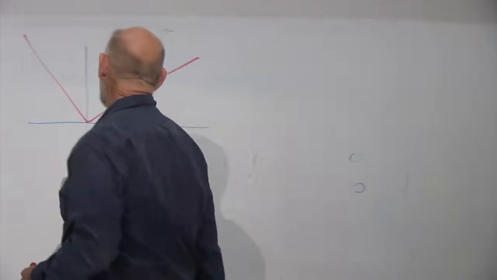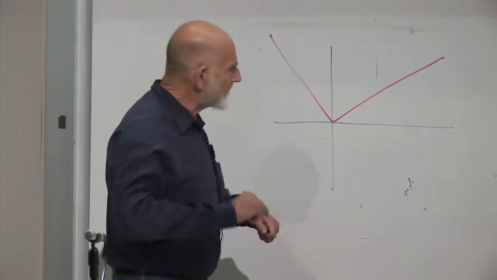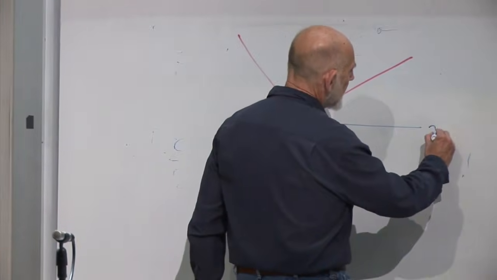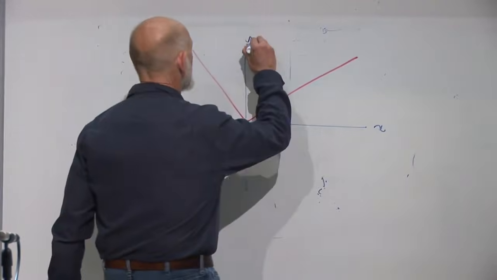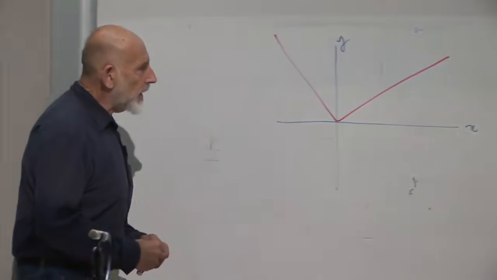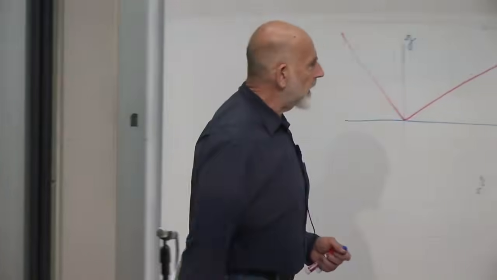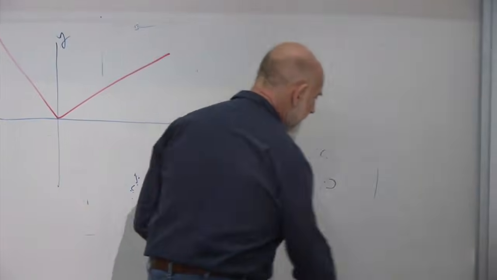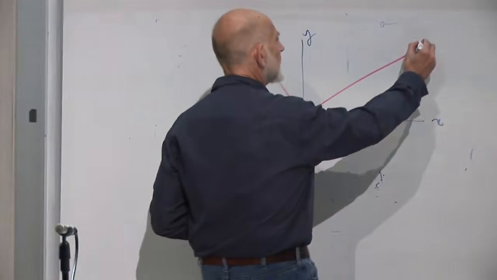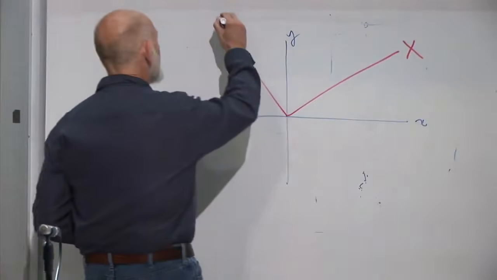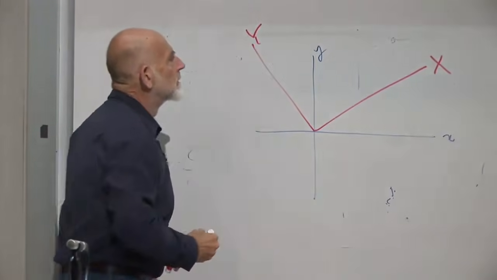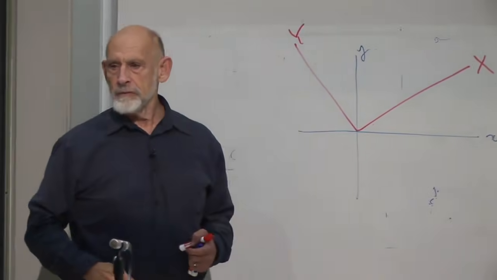Okay. The blue coordinate system is described by little x and little y. The red coordinate system is described by big X and big Y. Can I prove that? No. You're supposed to laugh at that.